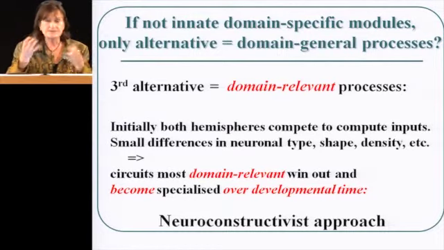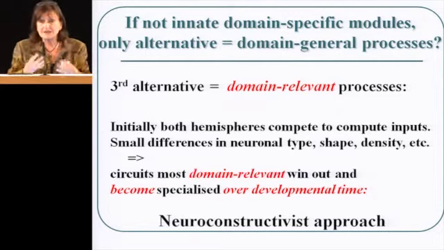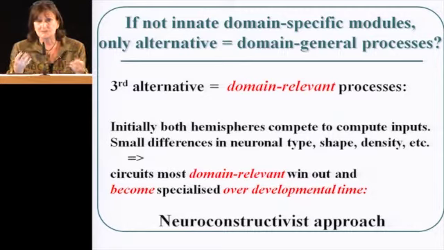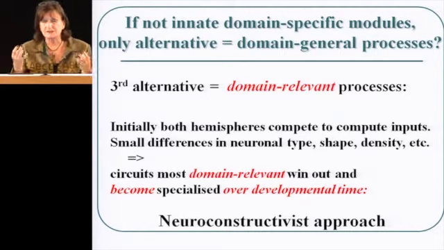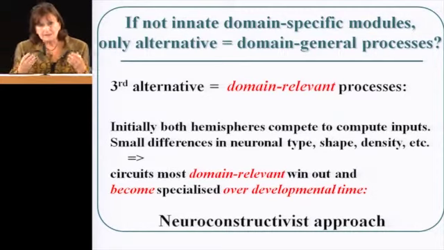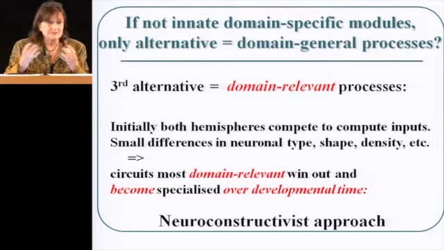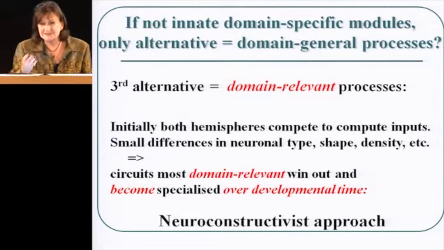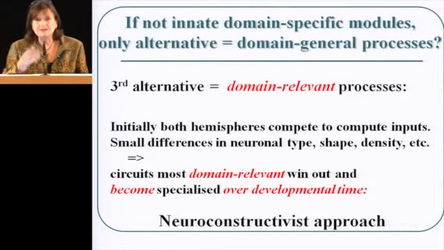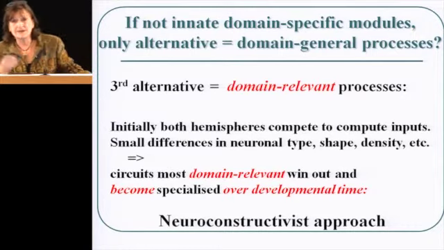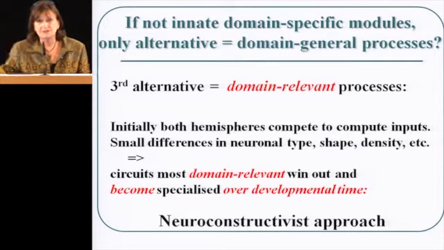Initially, many different parts of the cortex and even subcortical structures in both hemispheres compete to process incoming inputs. There's widespread activity across the infant brain. But certain parts of the brain are just somewhat more relevant, somewhat more appropriate for certain kinds of processing. Imagine that you're processing sequential input.